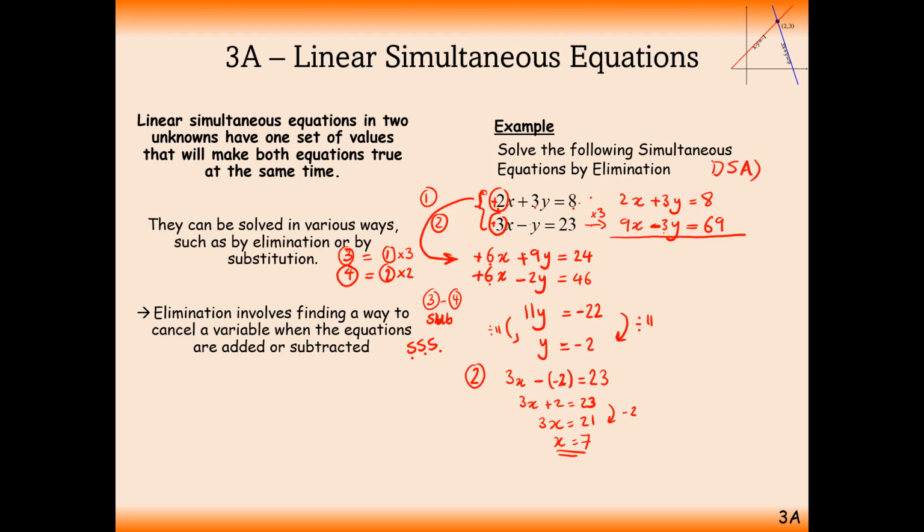So remember DSA and SSS: different signs add, same sign subtract. That's for elimination. Once you eliminate y, when I add them, I get 11x. This plus this gives me 0. And here I will have 69 plus 8, which is 77. Again, dividing by 11 gives us x is 7. So that confirms that our answer is correct.